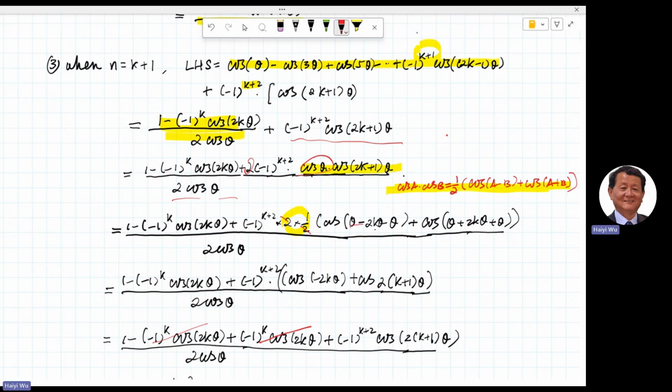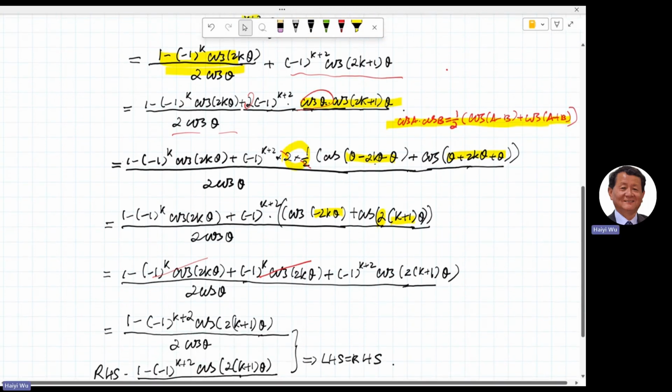Now we put these two together, becoming negative 2k theta. Then the next ones we add together, and I'll put a 2 outside, k plus 1 theta. So that's the top.